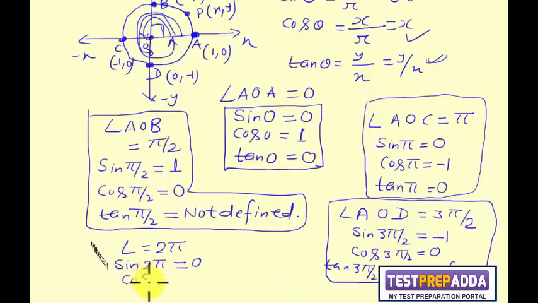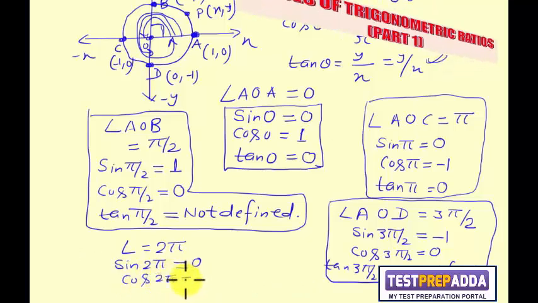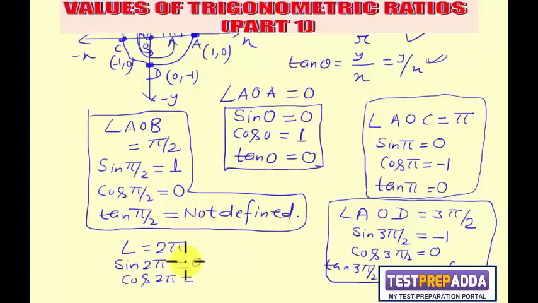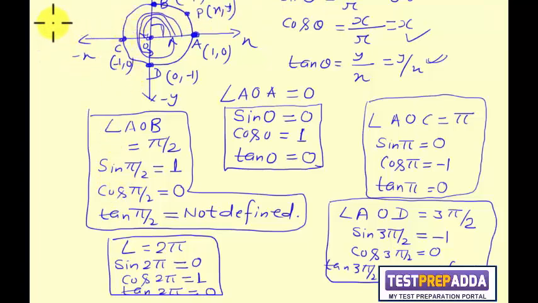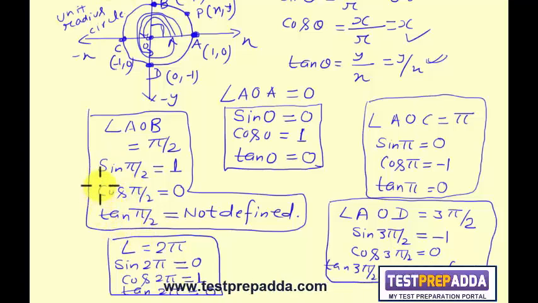If I say cos 2 pi, that is the x coordinate here, and that is how much? 1. And if I say tan 2 pi, it will be y by x, so 0. So here, with the help of this unit radius circle, we got values of sine, cos and tan for so many angles.